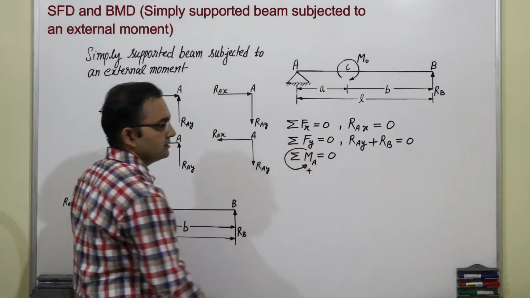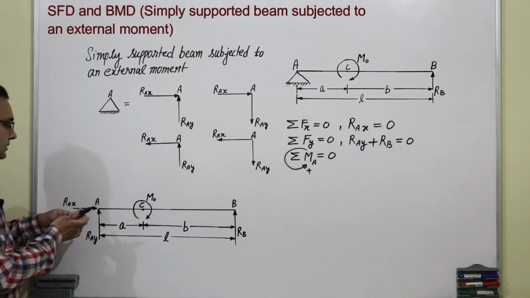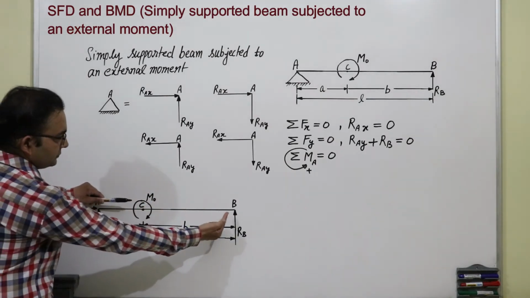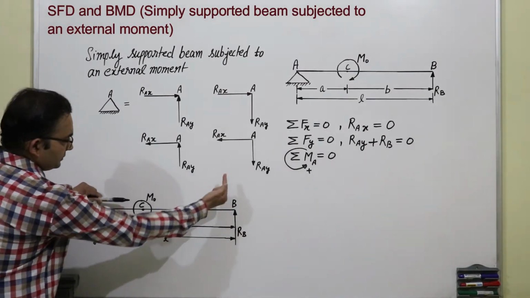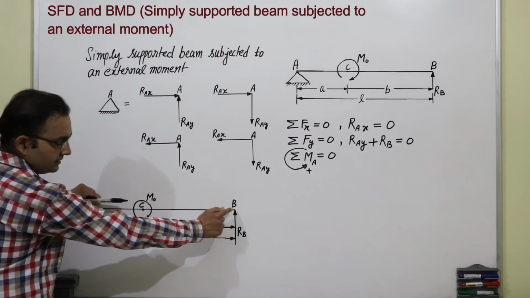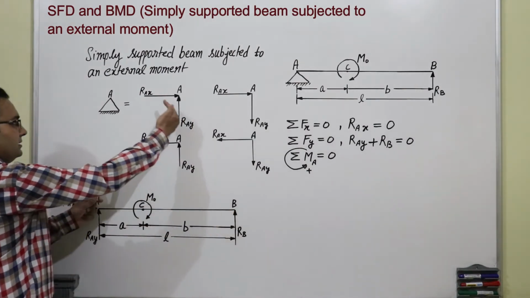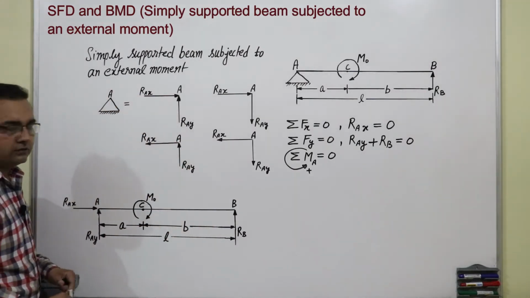So sum of moments at point A is 0. So one moment is this force is upward and this is the length of the beam. So force into perpendicular distance is L, and we are applying force like this, so it will rotate in this direction. So it is anti-clockwise.